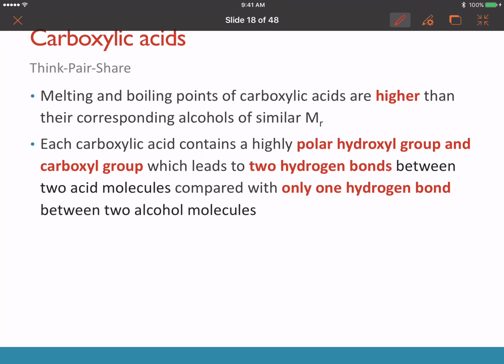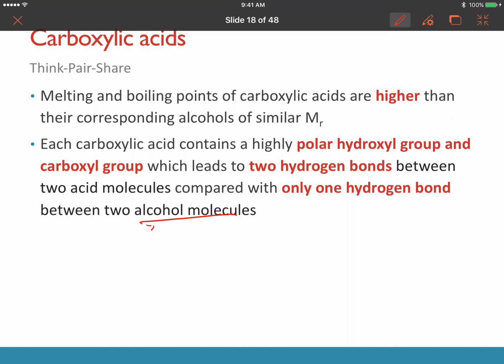Okay, if we compare carboxylic acids to their corresponding alcohol, we know that the melting and boiling point of carboxylic acids are higher. That's because of the presence of both the hydroxyl group as well as the carbonyl group. Okay, so remember that alcohol they only have one hydroxyl group.